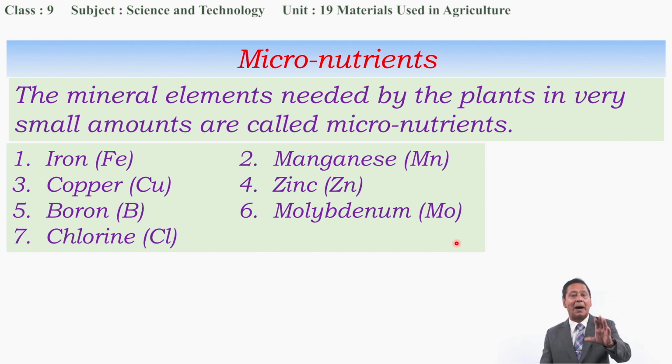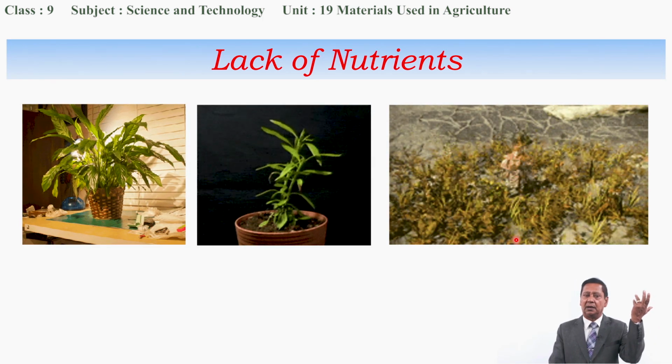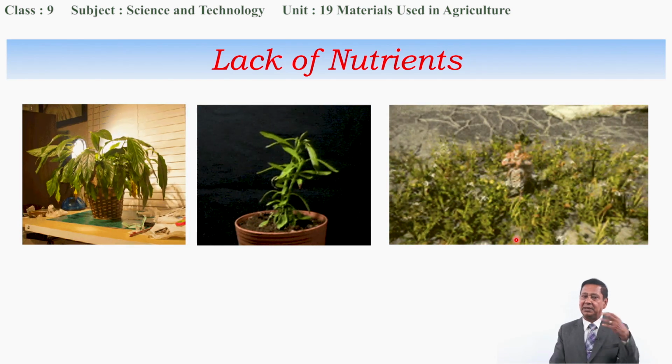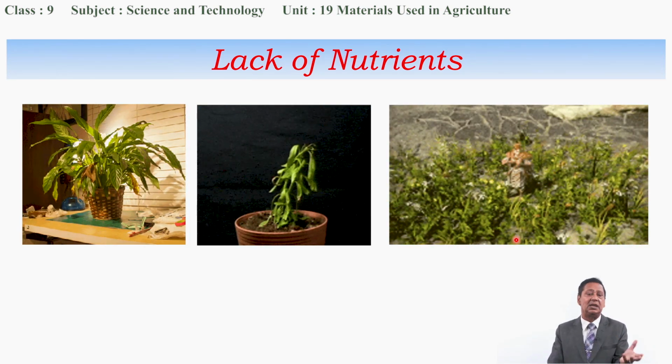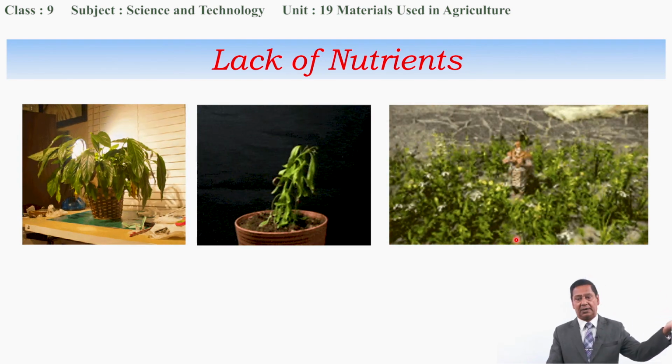These are micronutrients. If the plant does not get all these nutrients, then what happens? Lack of one or more nutrients in the field, I mean to say, if the plant does not get all these nutrients, then what can happen? The plant will dry. The deficiency of one or two nutrients makes it unhealthy, and because of the deficiency of many nutrients, they will die.